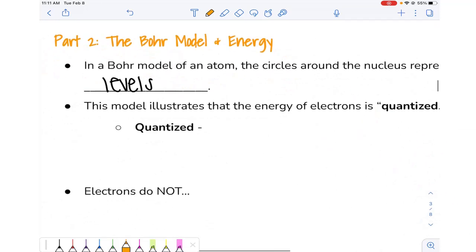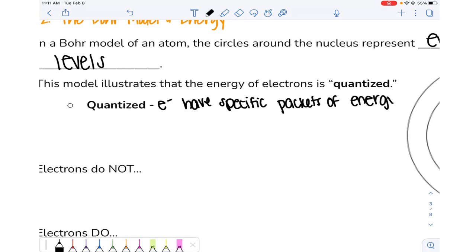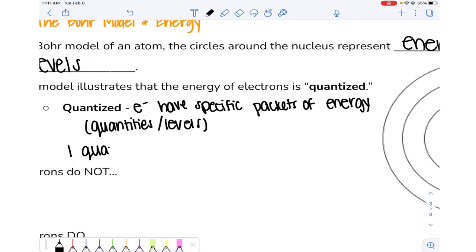So over here in our notes, quantized refers to the fact that electrons have specific little packets of energy, and these energies are basically quantities or levels. The language that we use to represent this is we say that 1 quantum equals 1 energy level. So quantum level 1 would be energy level 1.